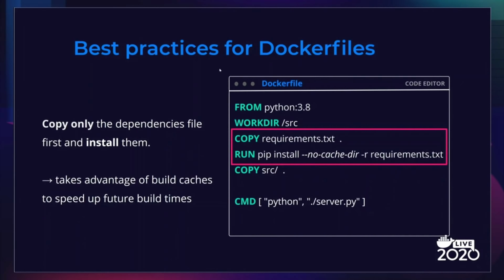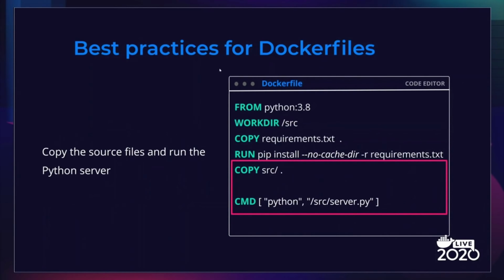It is highly recommended to add instructions for layers that do not update frequently before the ones that get frequent updates. This is in order to benefit from the cache mechanism, and this will speed up the build time for our application image. Finally, we copy the source files and specify the command to run the Flask server, and this will be the last image layer.